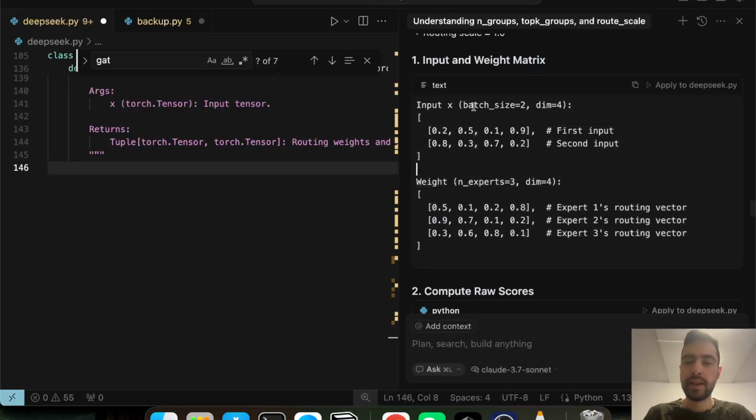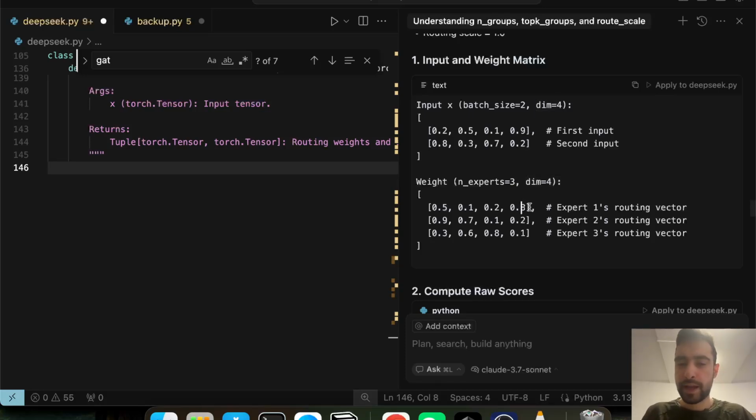So here, imagine this says sequence length. So we have batch size of 1, sequence length of 2 tokens, and dimension of 4 for each token. So this is 1 token, and this is second token. And here we have first expert, second expert, third expert, so 3 experts. And dimension of each expert is 4, just like this dimension of each token.